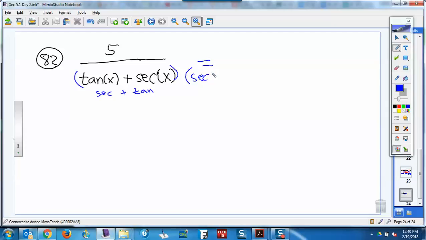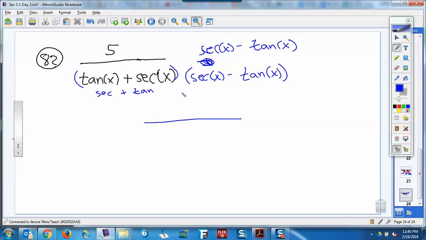And so I'm going to multiply by secant minus tangent, top and bottom. Okay, so here we go, secant x minus tangent x, top and bottom. I could have done tangent minus secant, but then it would have been negative. It doesn't really matter.